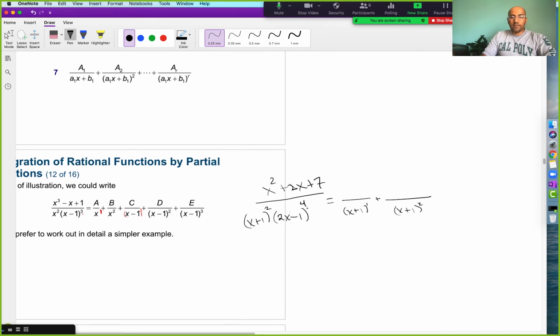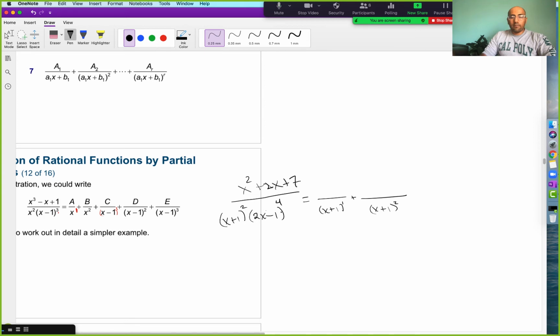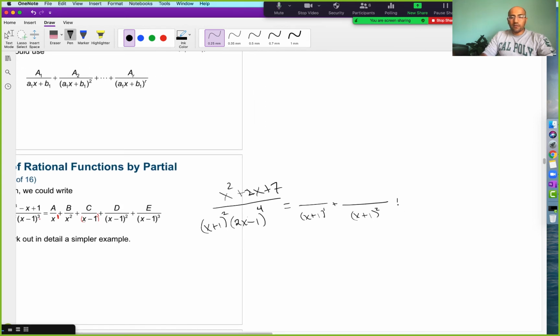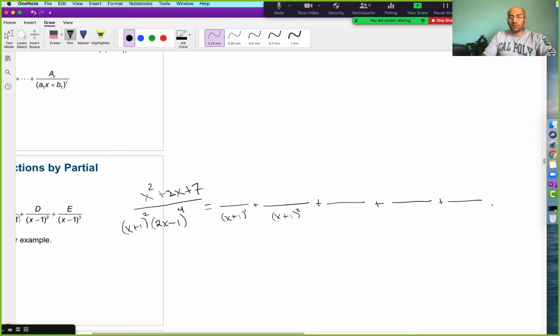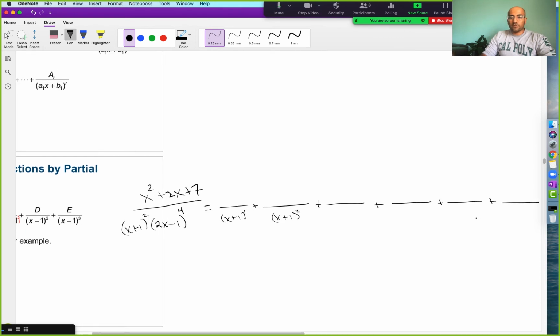And now this is the one that's going to be really painful. Since there are 4 of them, it's being repeated 4 times, I'm going to have 4 fractions. 1 fraction, 2 fractions, 3 fractions, 4 fractions, where I have to have this term, the 2x minus 1, the power of 1, 2x minus 1 to the power of 2, 2x minus 1 to the power of 3, and 2x minus 1 to the power of 4.